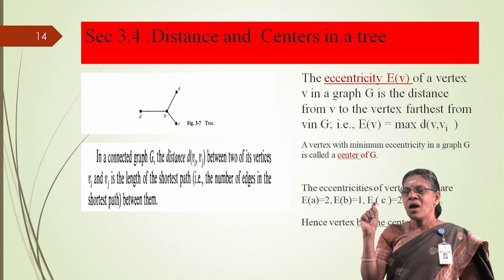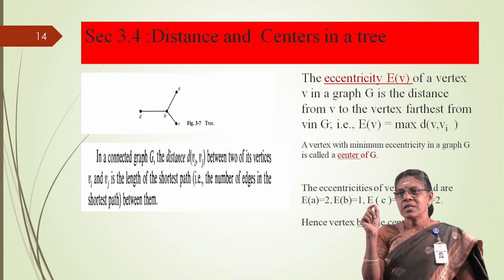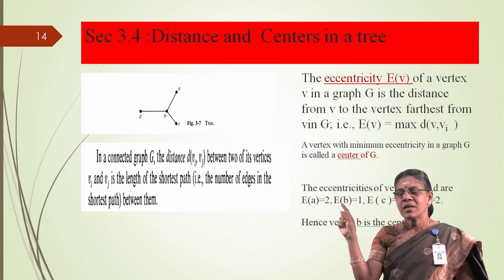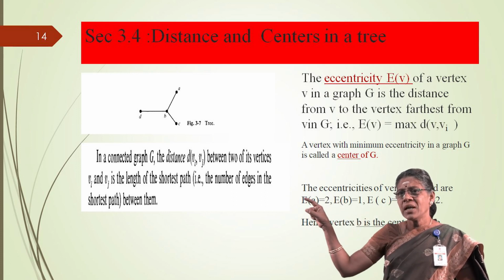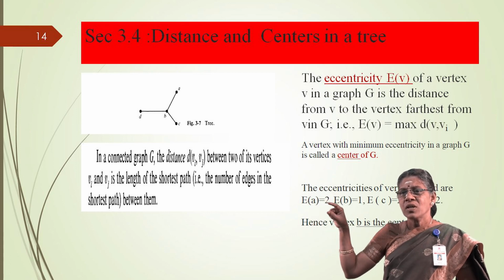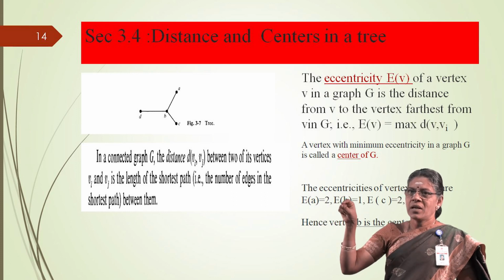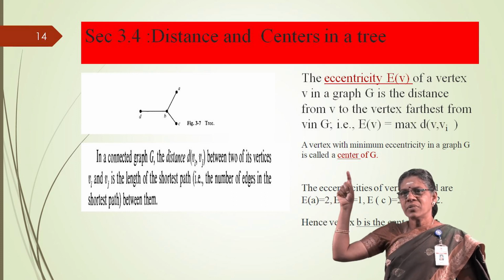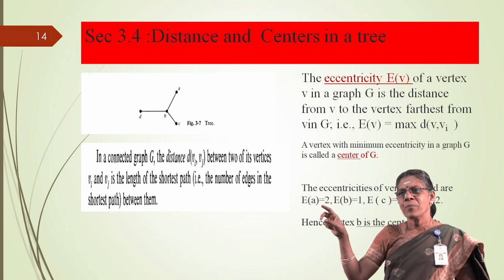See that in our tree, the eccentricity of A. We can calculate: A lies here, then B, C, D. The distance from C to A is 2, the distance from D to A is 2.